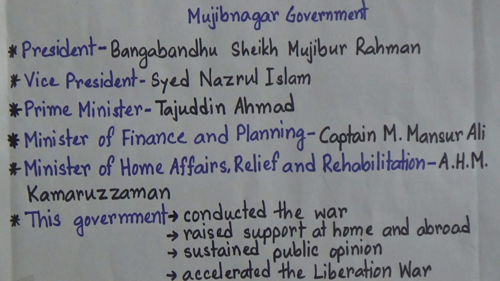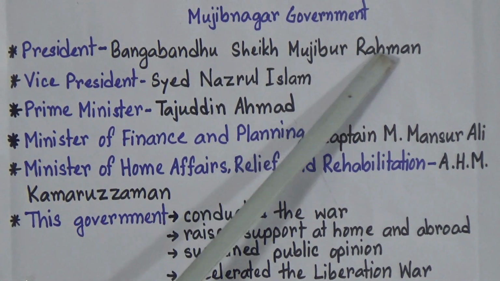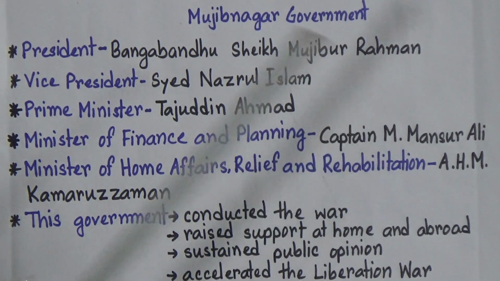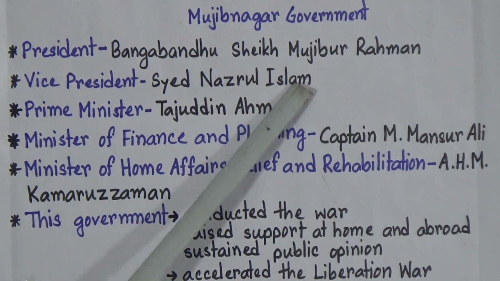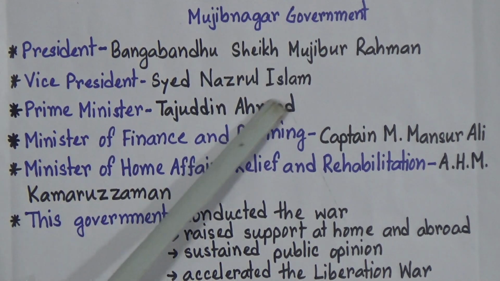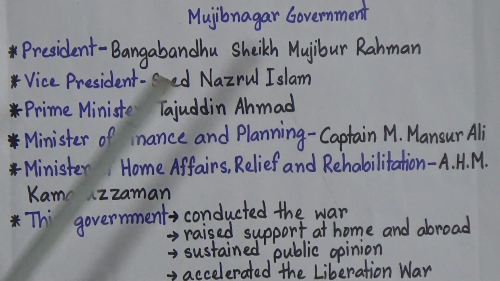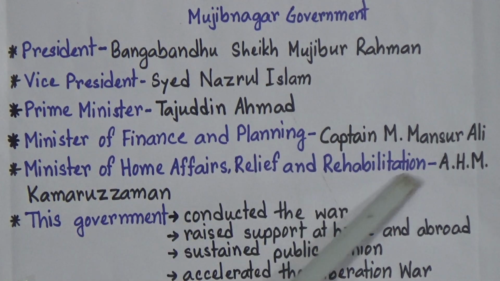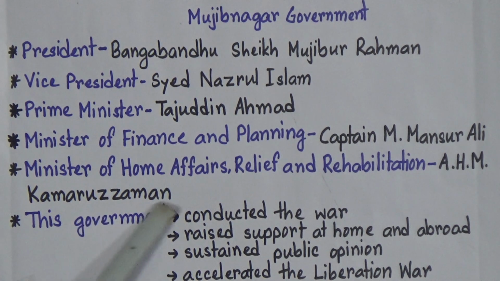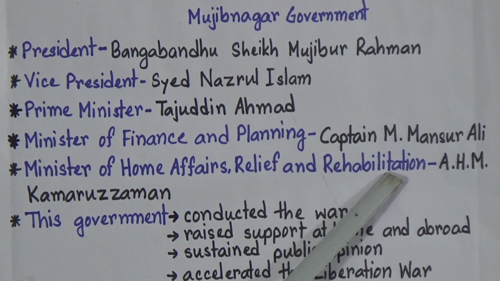Since Sheikh Mujibur Rahman was imprisoned in West Pakistan, Vice President Syed Nazrul Islam was the acting president of this government, and Tajuddin Ahmad was the prime minister. Captain M. Mansur Ali was the minister of finance and planning, and A.H.M. Kamruzzaman was the minister of home affairs, relief and rehabilitation.